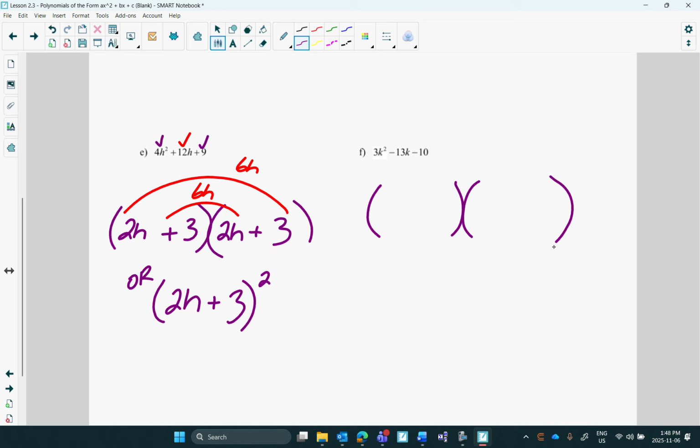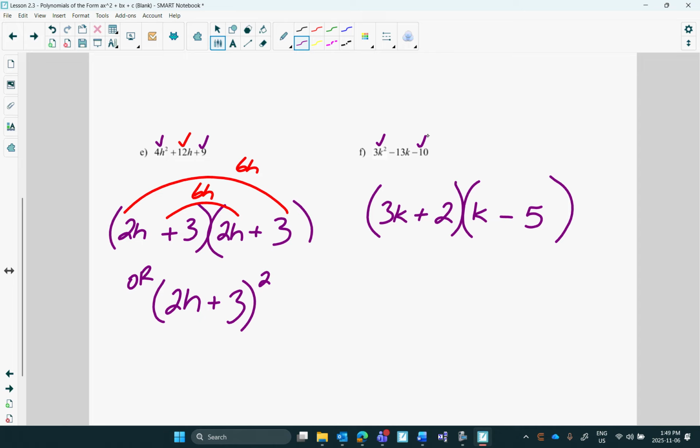Okay, this last one. What are we going to choose for the first? 3k and k. Okay, works. Two numbers that multiply to get negative 10. 3 and 5. Let's write plus 2, negative 5, because they multiply to get negative 10.